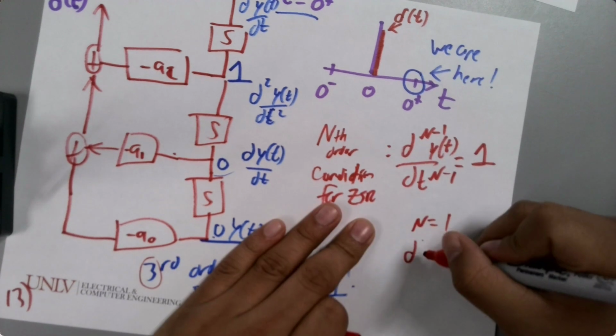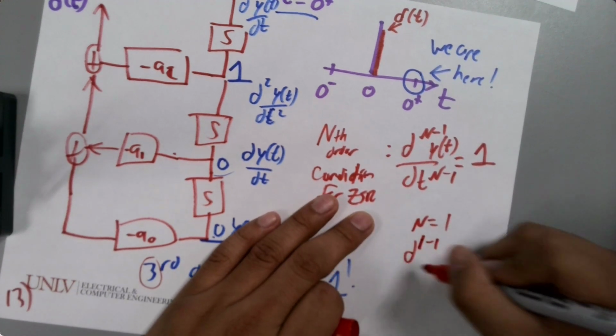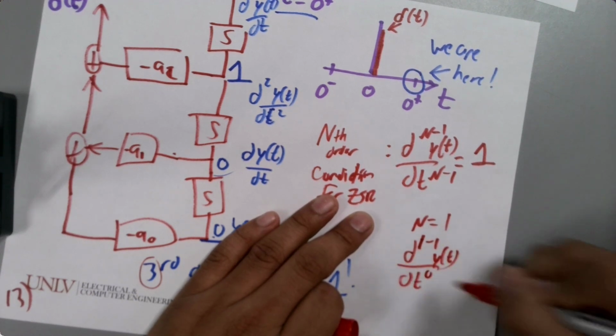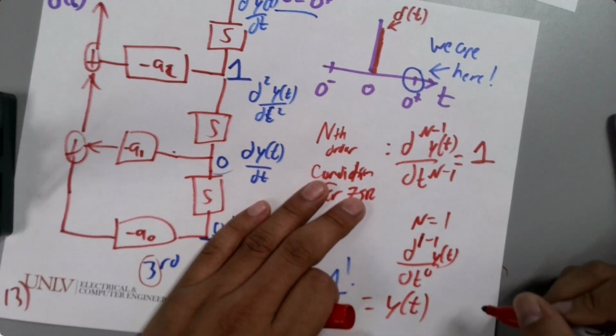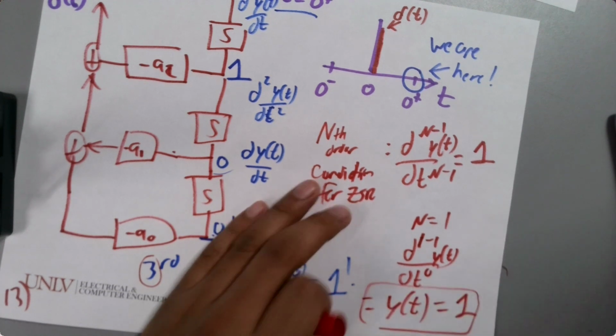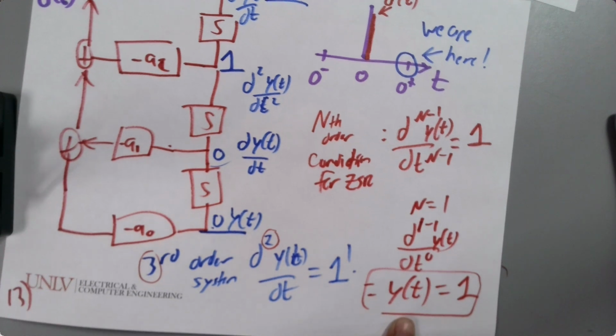So that means we have d of first order minus 1. Right? What's this equal to? y of t is equal to this. This is what people are going to memorize on the exam for a first order. And they're going to copy this for the second order.